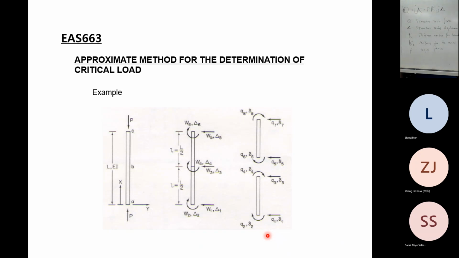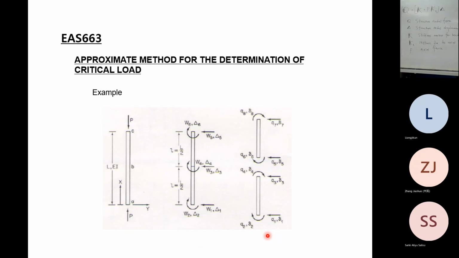Then delta 2, delta 4, delta 6 are all rotations. So these are the structure nodal displacements, and you have to identify, if this is fixed, which of the nodal displacements becomes 0?